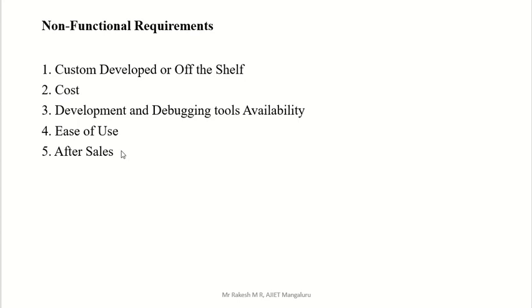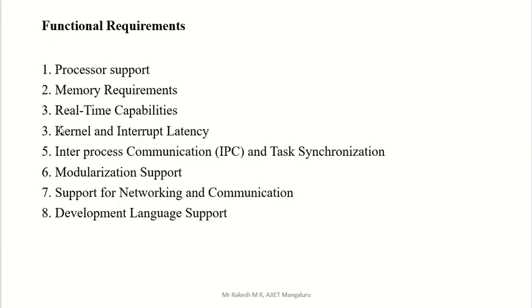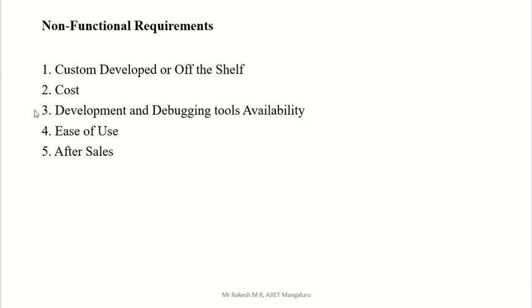That is also one of the main things while choosing an RTOS. So how to choose an RTOS: there are two kinds of requirements, functional and non-functional. In the functional requirements we have these different requirements for choosing an RTOS, and in the non-functional requirements we have cost, ease of use and after sale.